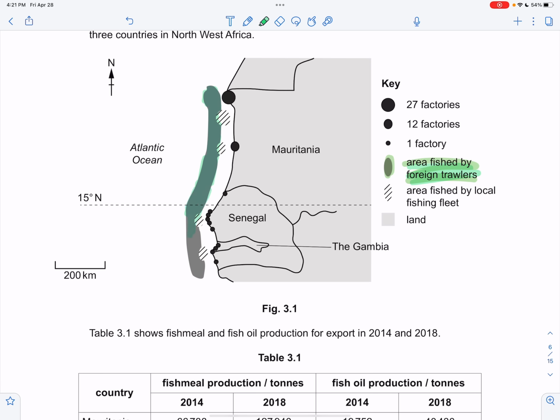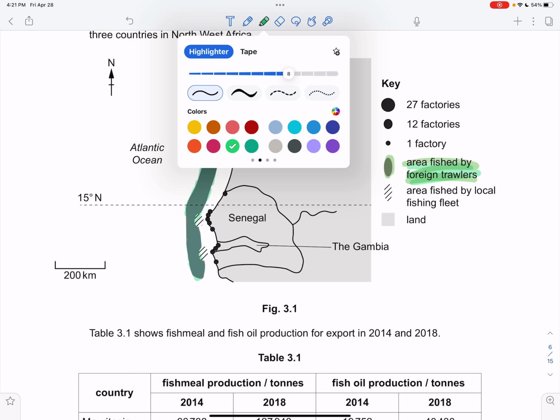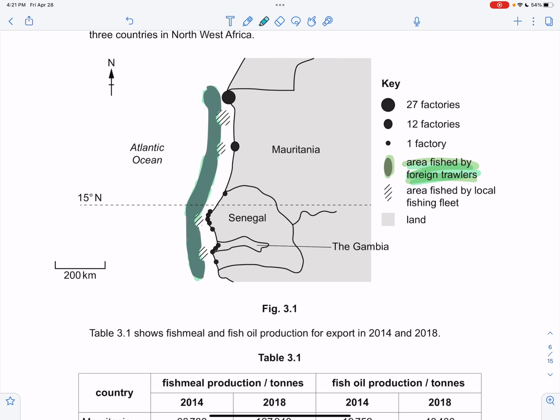They're fishing pelagic fish, so they will be pelagic trawlers. So instead of pulling at the seabed, they're pulling their trawler in the open ocean. They have a very wide area. It's very vast compared to the locals. The locals, this is theirs, area fished by the local fishing fleet. Right away, in comparison, you can see that they don't have a lot.